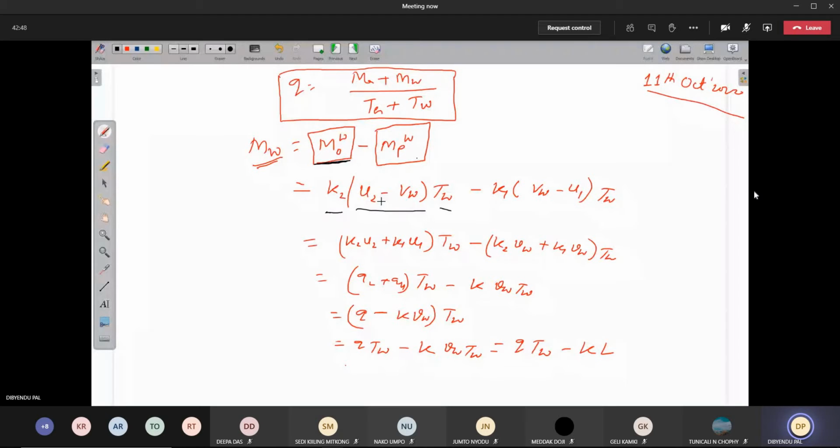This one is what? The slower vehicles which are running with a lower speed, their density I am assuming as K1, their speed I have assumed as U1. But this speed is assumed to be less than the speed of the test vehicle. That's why the test vehicle passes all these vehicles. So the relative speed will be BW minus U1 and the total time taken is TW, that is when the vehicle was running with the stream.